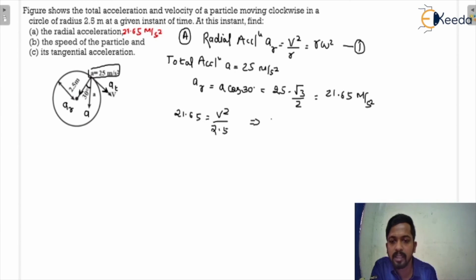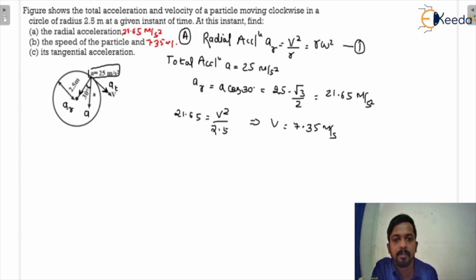When you solve this, you will get the value of velocity, 7.35 meter per second. That would be your answer. That means the speed of the particle is 7.35 meter per second.